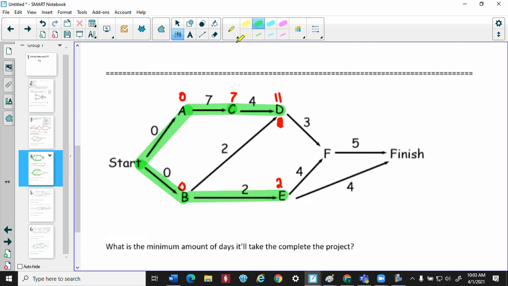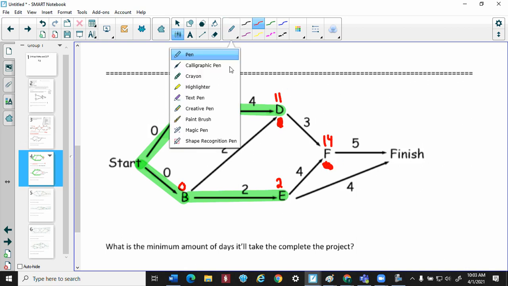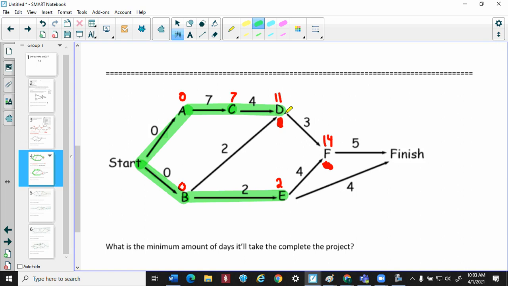E will definitely get there faster because E starts at 2, 4, that's 6. But if you look at D, D, 3, 14. So when can F officially start? Well, whenever the slowest person gets there. Again, remember the fastest time is dependent on the slowest person.